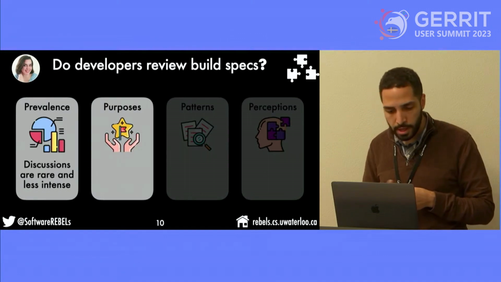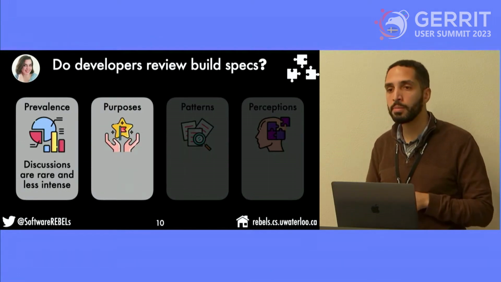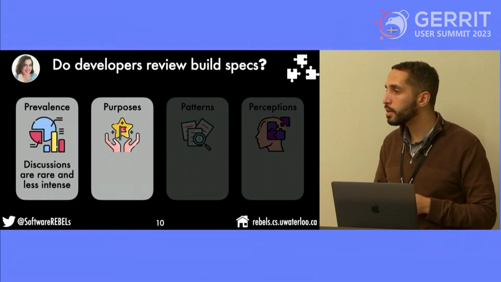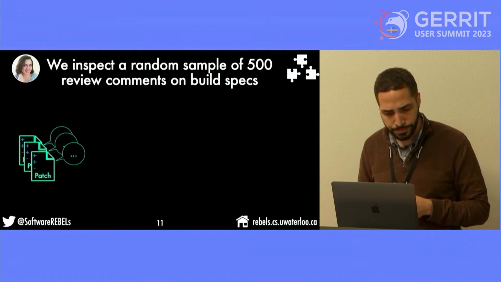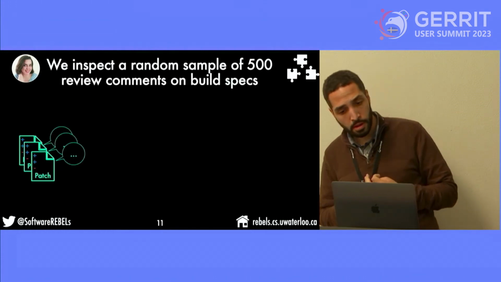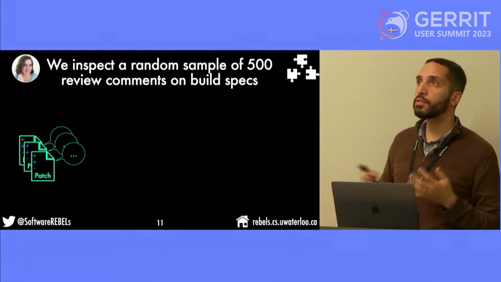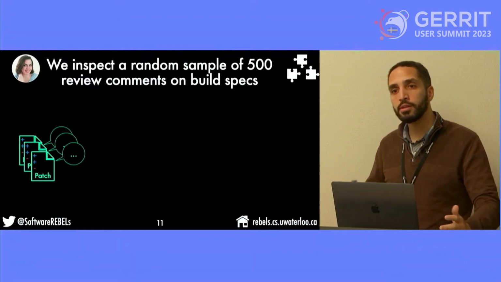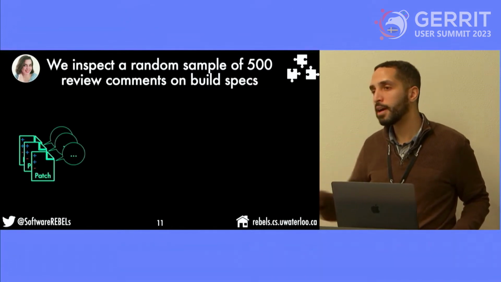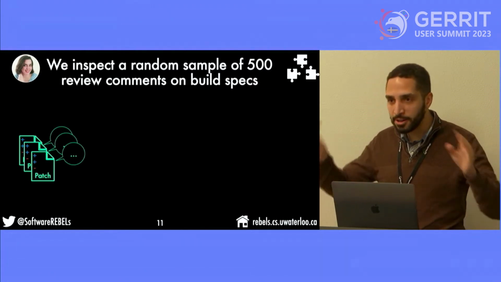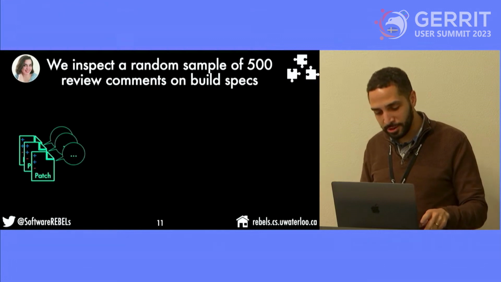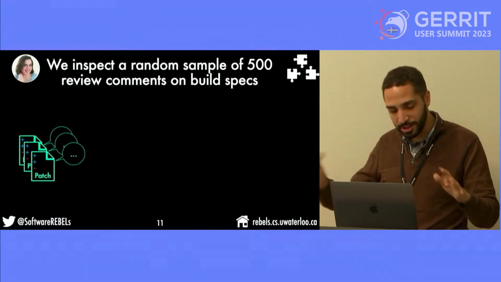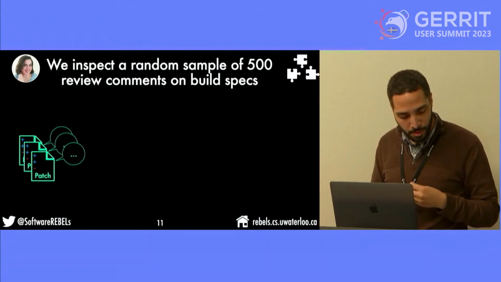So when they happen, what's the purpose? What are people discussing in the review of build files? So to do this, we used kind of the same theoretical underpinning as they use when they do political polling. Now I know that's probably sounding like magic that is unreliable, but I can assure you that it is pretty reliable most of the time.